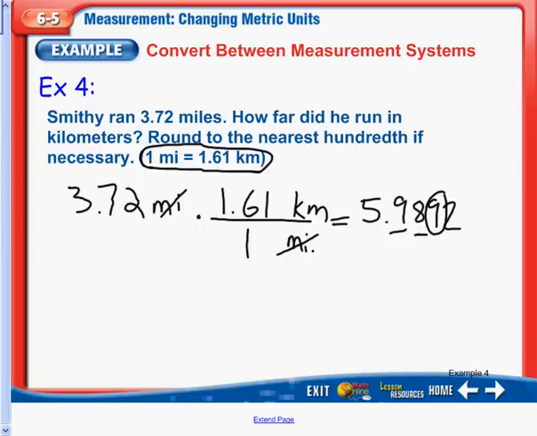If that third number is 5 or larger, we're going to round up. So I see that 9 is larger than 5, so we're rounding up. So 5.98 becomes 5.99. And don't forget to switch your equal sign into an approximation, because 1 mile is approximately 1.61 kilometers. So we have 5.99 kilometers is our answer.